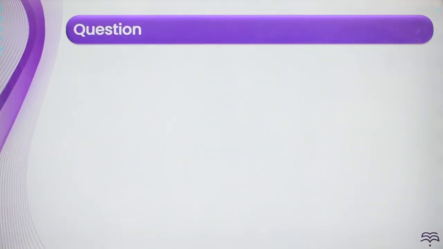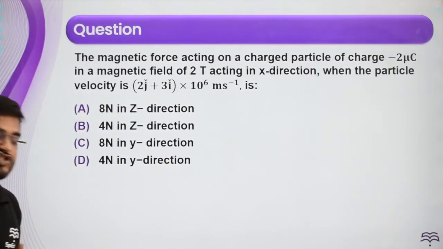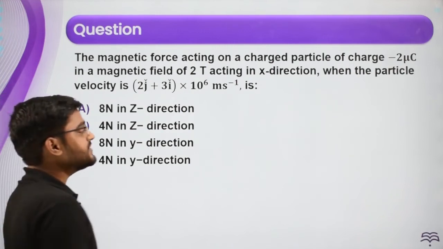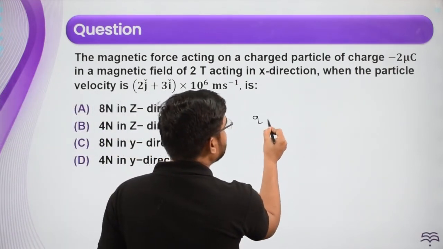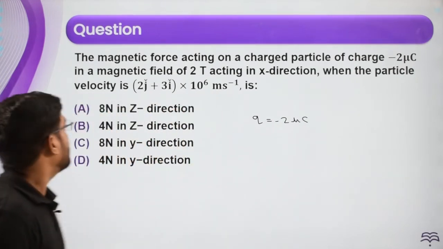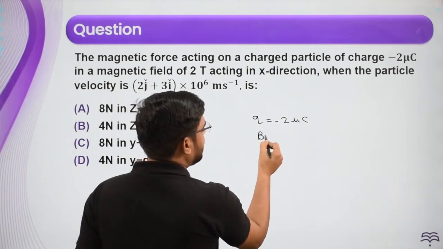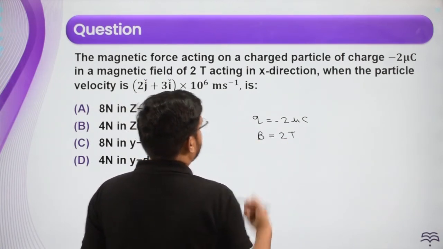This is the question, and the question says that the magnetic force acting on a charge is, so I'm just writing, Q is minus 2 microcoulomb. So this is the charge on a charge in a magnetic field of 2 Tesla. So magnetic field B is given as 2 Tesla.